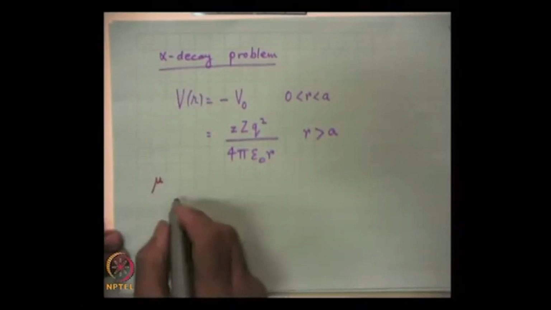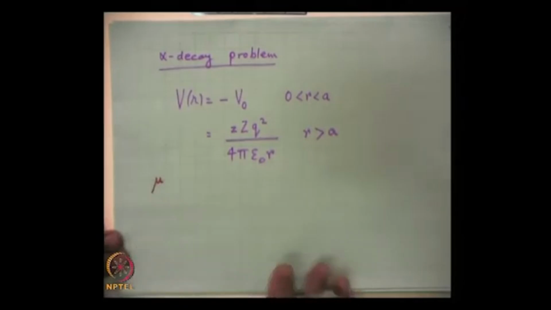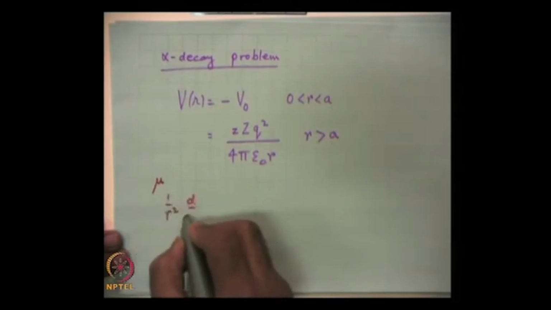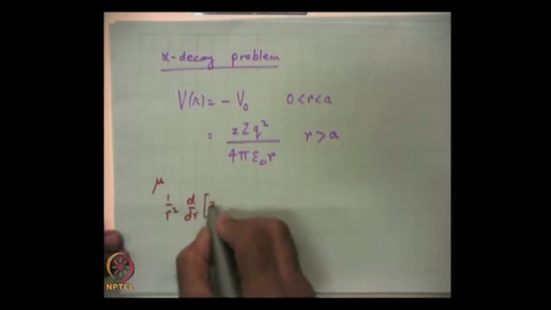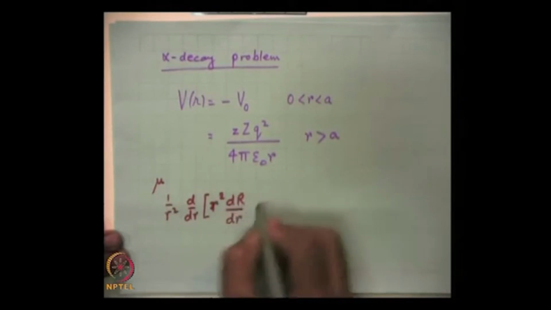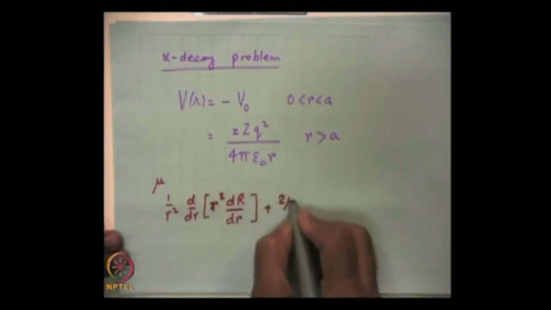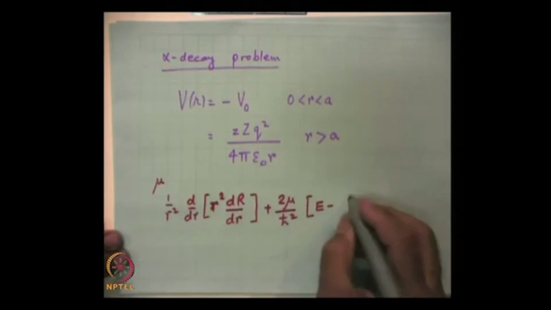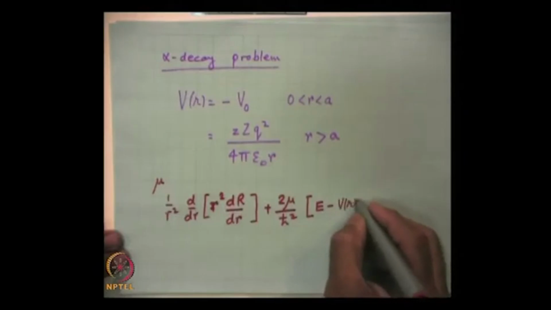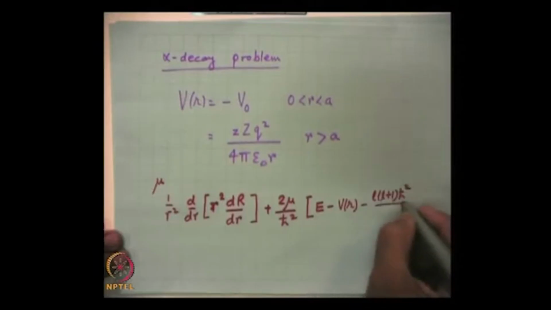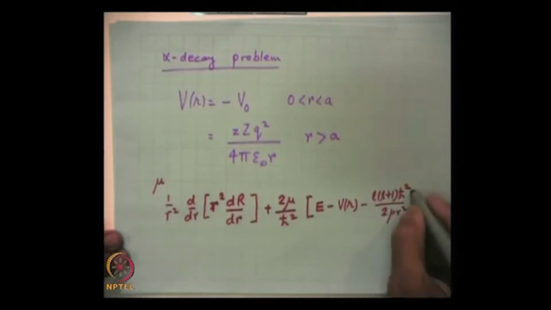As you all know, we had worked with the Schrodinger equation, and the radial part of the Schrodinger equation was 1 over r square d by dr of r square dR by dr, plus 2 mu by h cross square into E minus V of r, minus L into L plus 1 h cross square by 2 mu r square, times R of r is equal to 0.